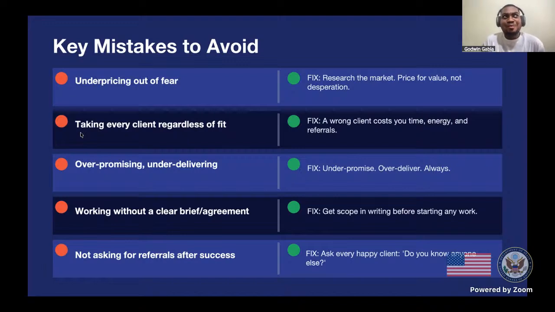Because you have that kind of PTSD going forward. You will always be worried that you end up getting the wrong clients and you might end up turning away the right ones just because of that. So that's why you need to define who your ideal buyer is. Once you define that, you know.